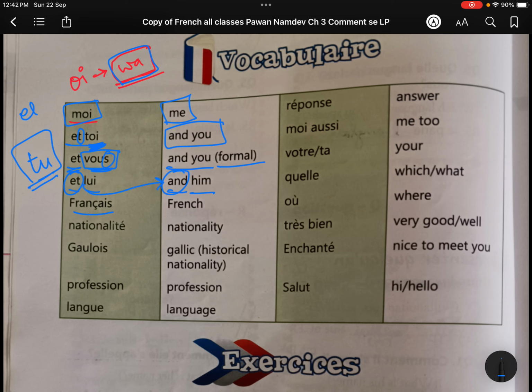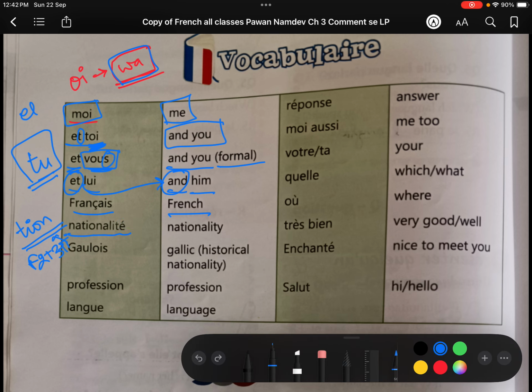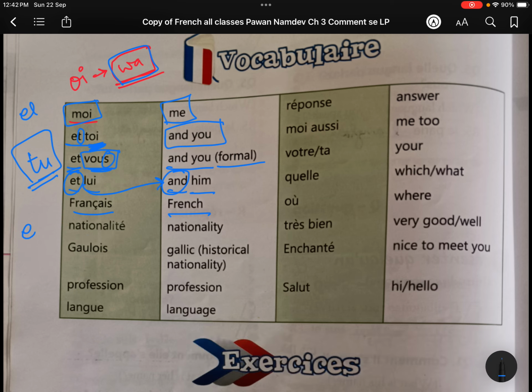All right. Français, French, nationalité. The sound of tion is sion. What is the sound? Sion. Nationalité. We are having accent aigu, that's why the sound is a. Nationalité, accent aigu.